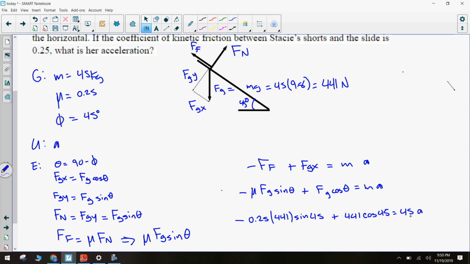So we're looking right here. 45 multiplies times a. The opposite of multiplying is to divide this whole thing by 45.